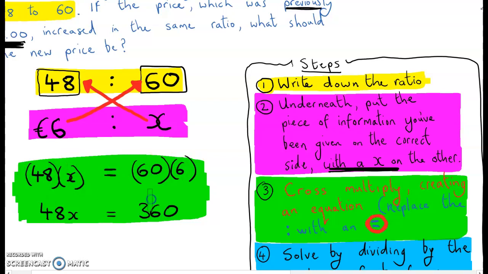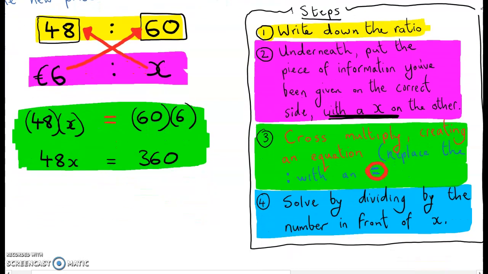And now finally, step 4, solve by dividing by the number in front of x. So we want to find out what x is, so we've got to get x on its own basically. So we're going to divide both sides by the number in front of x. Now 48 was in front of x. See it there?